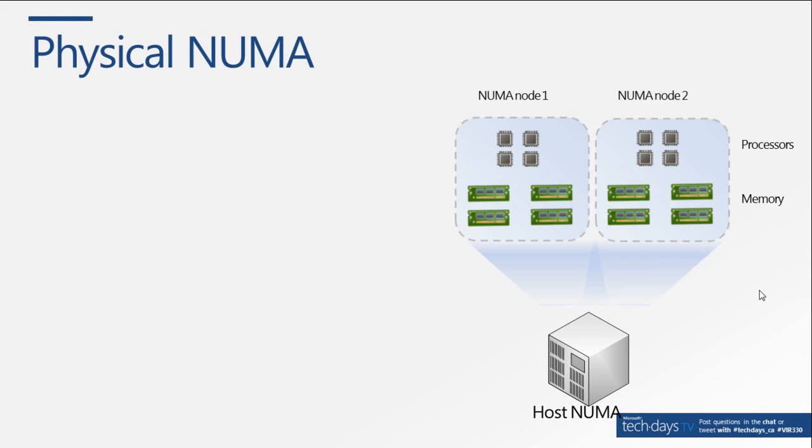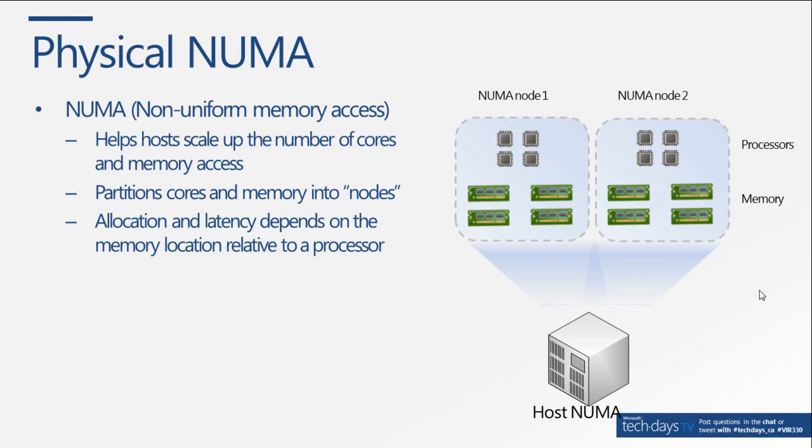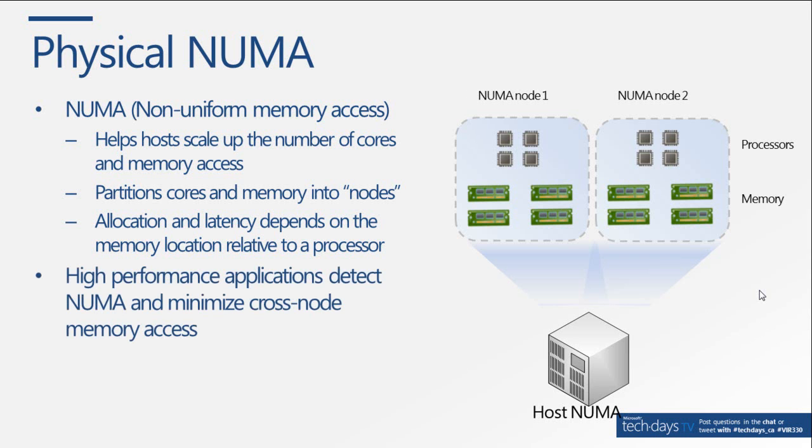At the physical hardware level of that server, you've got a 4-core CPU that has some memory allocated to it, and a second 4-core CPU with some more memory allocated to it. This allows you to scale the number of cores and memory access and gives you much better performance when a CPU needs to access RAM very quickly, because RAM is very close to the CPU itself. And if you need access to more RAM, this essentially means you're going to potentially have a performance penalty.